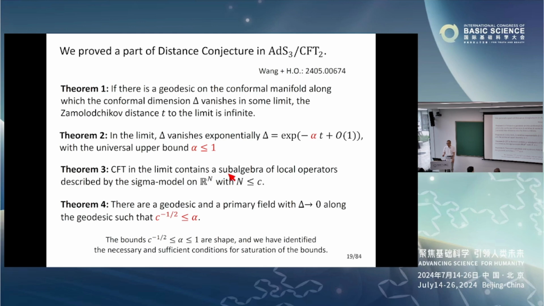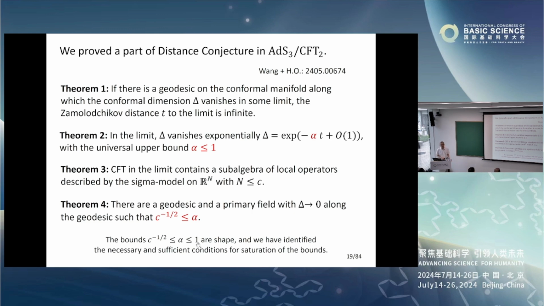The third statement is a refinement of the conjecture by Kontsevich and Soibelman, that the CFT in the limit contains a subalgebra of local operators described by a flat space sigma model. And the last is the lower bound: alpha is bounded by 1 over the square root of the central charge. So this coefficient is bounded between these two.